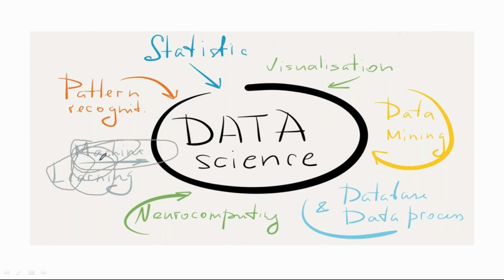So what is machine learning doing in data science? Machine learning is actually a subset of AI. Roughly you can consider machine learning as synonymous to AI, but that isn't completely true.